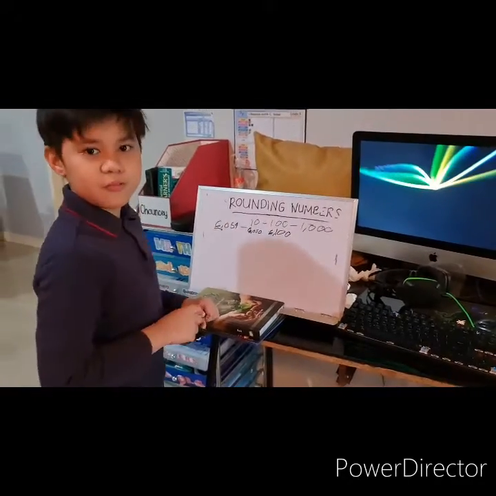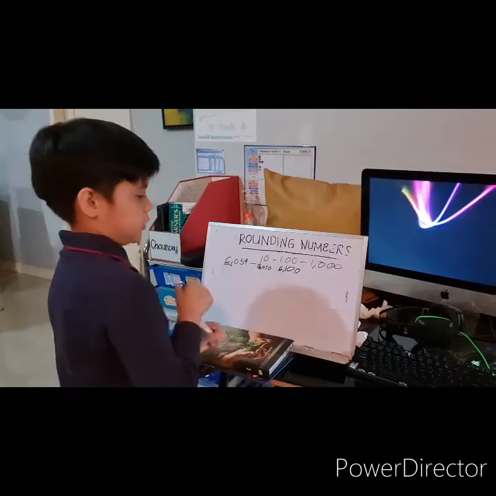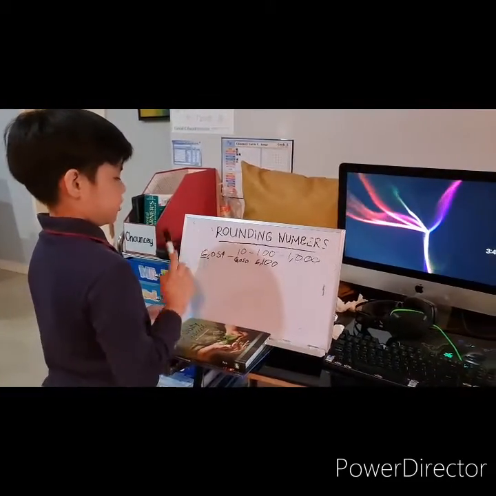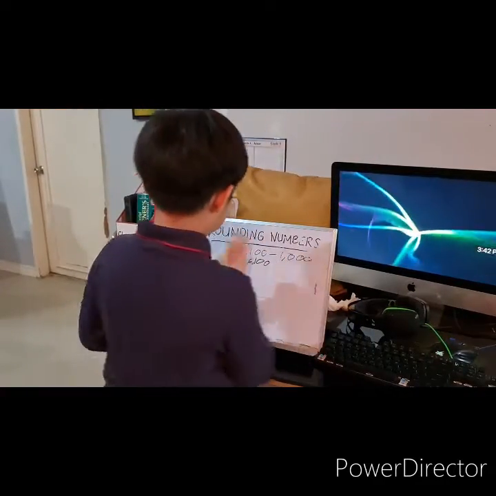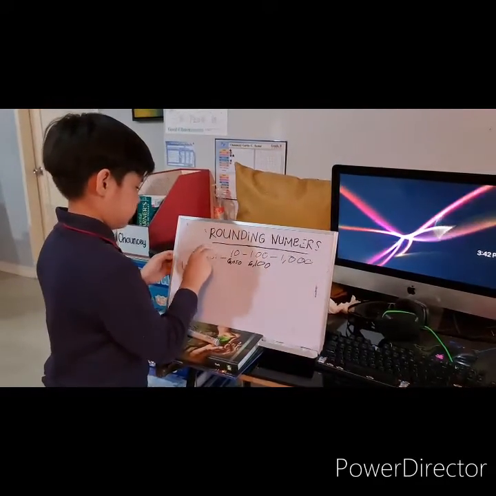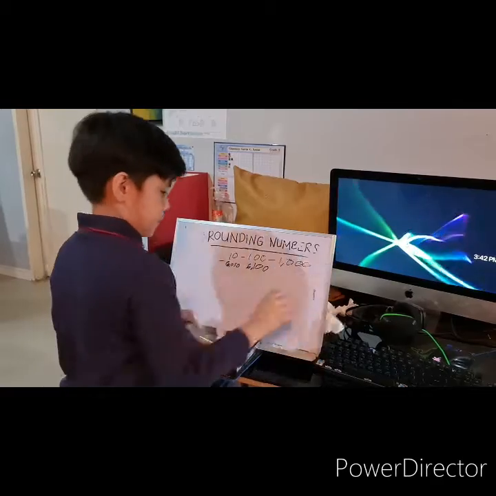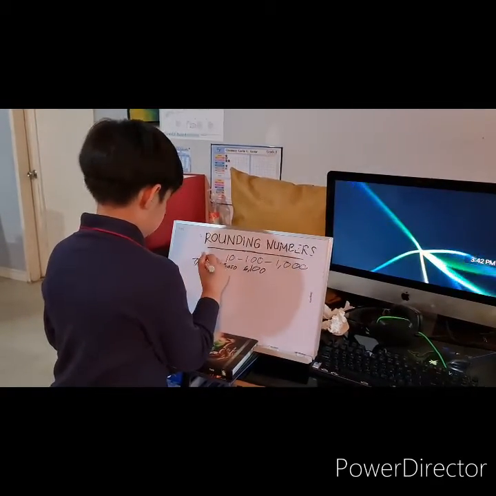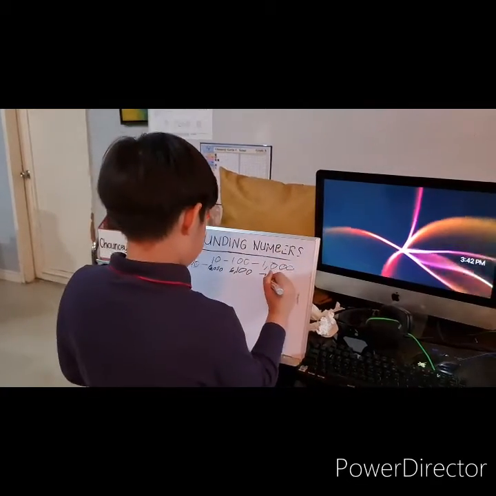Now 6 is above 5, so of course we're going to have to add it up to the nearest 1,000, which is 7,000. And the answer here is 7,000.